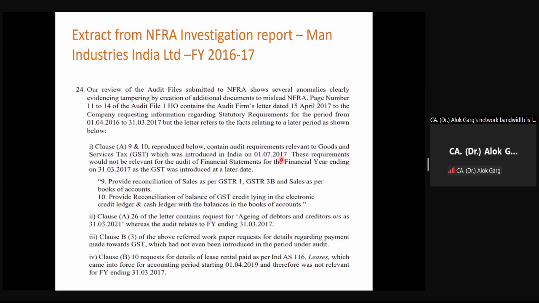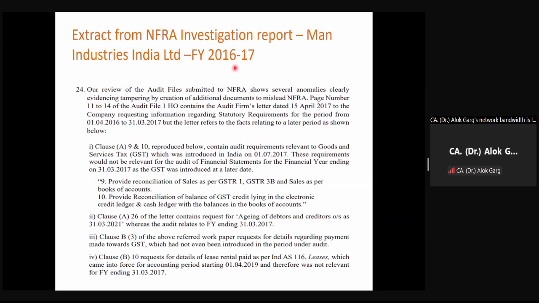Friends, I want to start my discussion with an extract from one of the reports of NFRA. There was a company, Man Industries India Limited. NFRA decided to investigate the financial statement of this company, and they issued a notice to the auditor that they want to investigate the financial statement of Man Industries India Limited for FY 16-17.